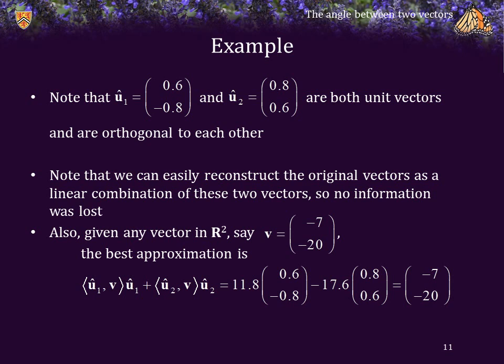So in this case, the best approximation is actually equal to v. Now, this may not always be the case, so let's look at an example where it is not the case.